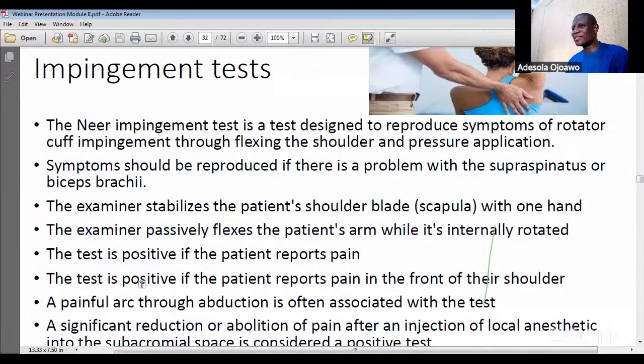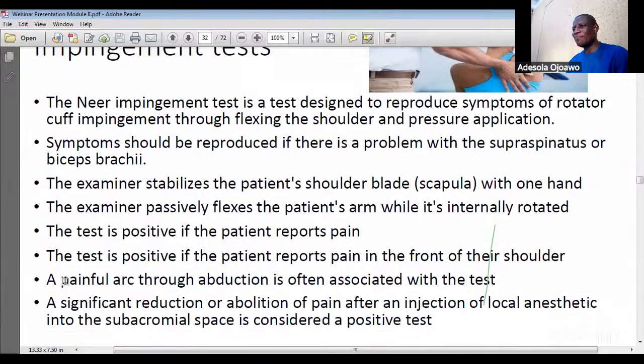If the patient reports pain in front of their shoulder, a painful arc through abduction is often associated with the test. In this case, there can be a painful arc. So whenever the patient is doing that and there's pain in the shoulder, go with this test. It's going to make it positive.